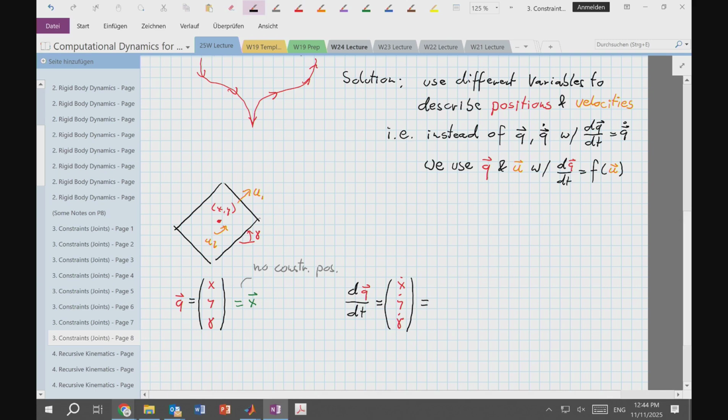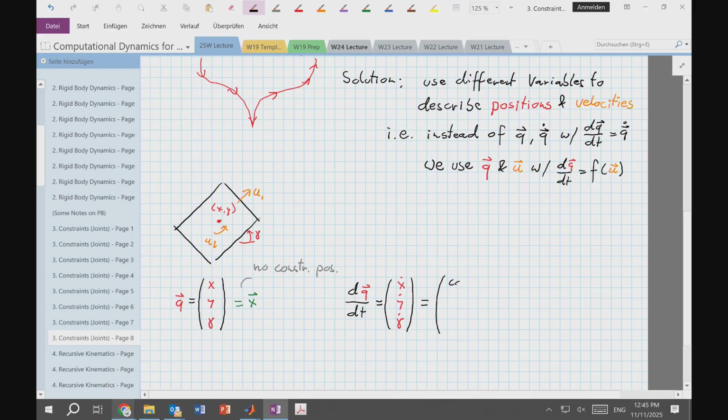How can I set that in relationship to u1 and u2? What is x dot relative to u1? Yes.